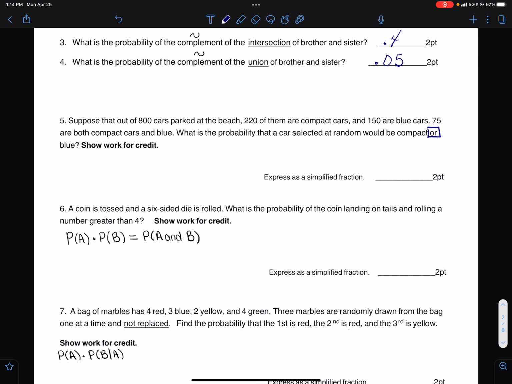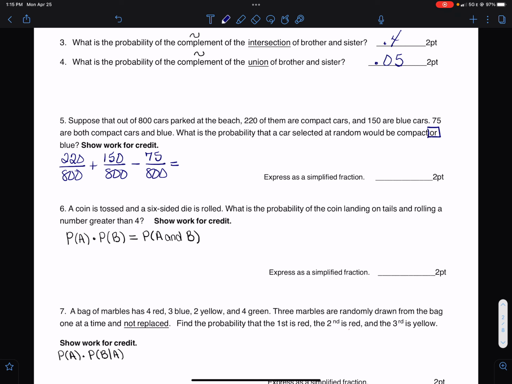So when we're looking at or, and we are not looking at percents, that means we're going to be writing these probabilities as fractions. So the probability that they are compact would be 220 out of the 800 cars, added to the probability that they are blue, which is 150 out of the 800 cars, minus the probability that they are blue and compact, which would be 75 out of 800.